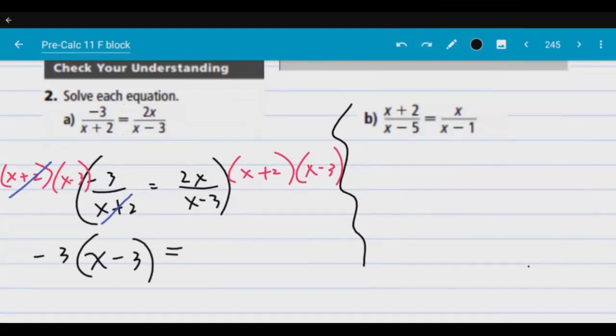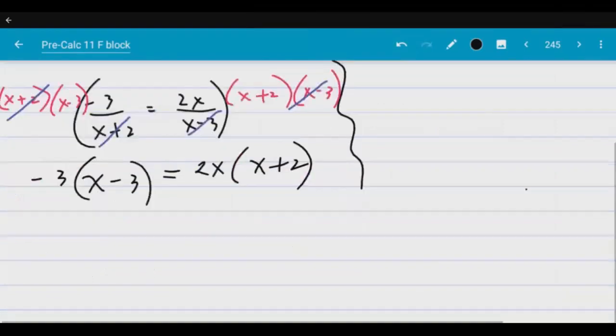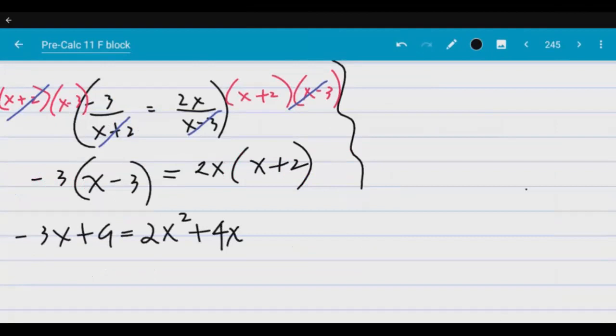It's up to you. On the right side of the equal sign, as I multiply these two binomials by this, you will notice that this x minus 3 cancels out with this one, right? Therefore, I just have this 2x multiplied by x plus 2. So we can expand this, giving us negative 3x plus 9 equals 2x squared plus 4x.